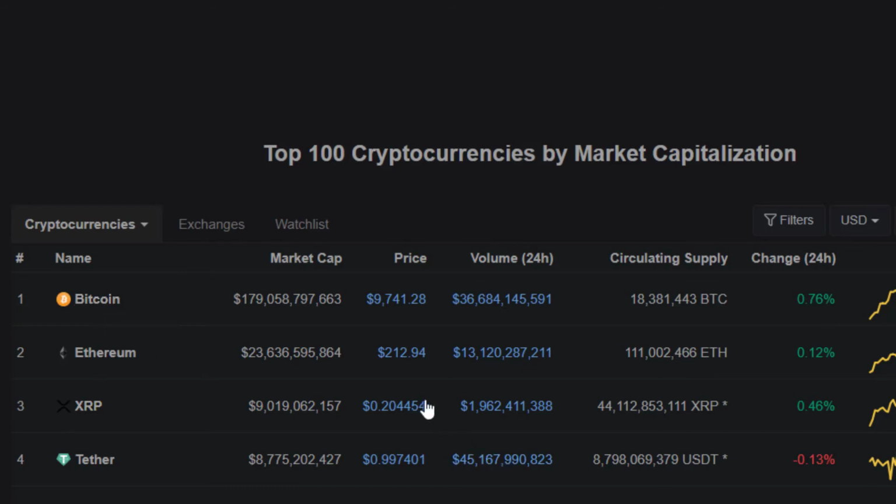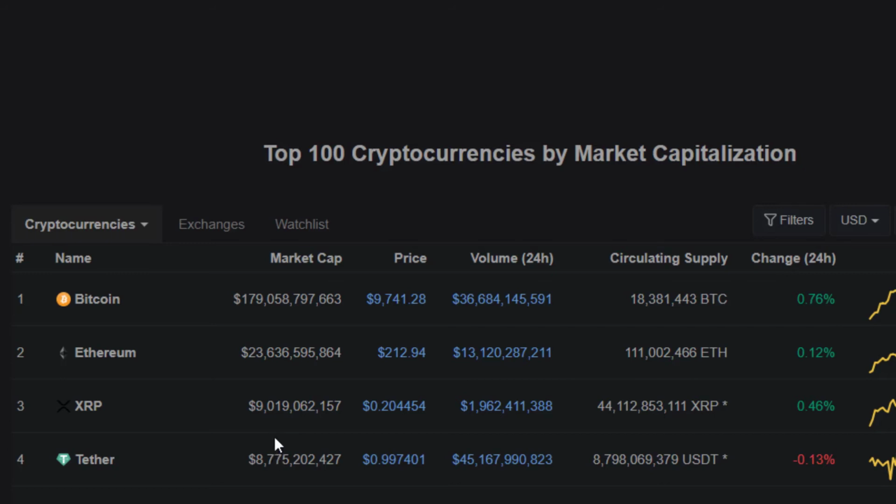And as you can see, the gap here between the market cap for Tether and XRP is very close. As you can see here, this is an 8.7 billion market cap for Tether and a 9 billion market cap for XRP.